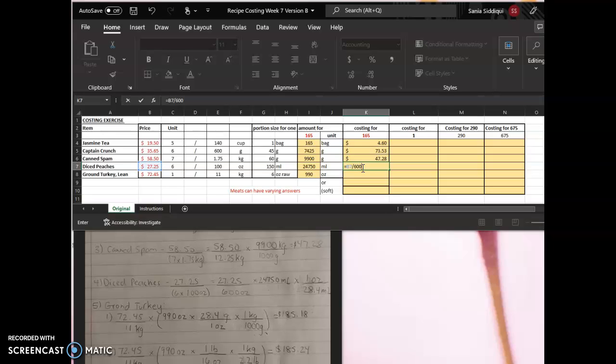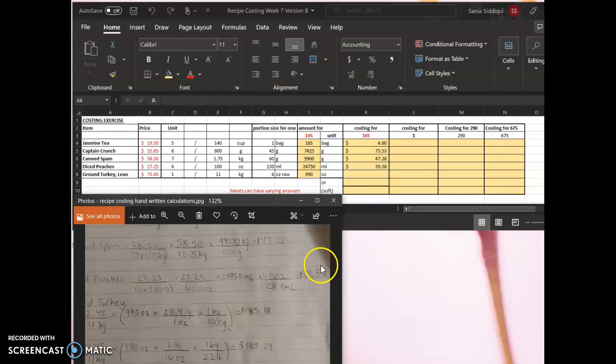Then we're going to multiply that by our amount, which is 24,750. Again, here we have 2 different units, milliliters here and ounces here. So this time we're going to convert milliliters into ounces by dividing by 28.4. Now we can hit enter and we'll get 39.58. Is that correct? Yes, according to our handwritten calculations.